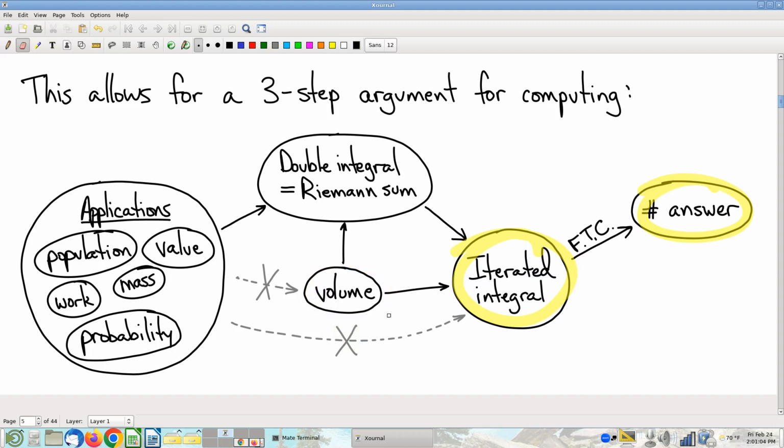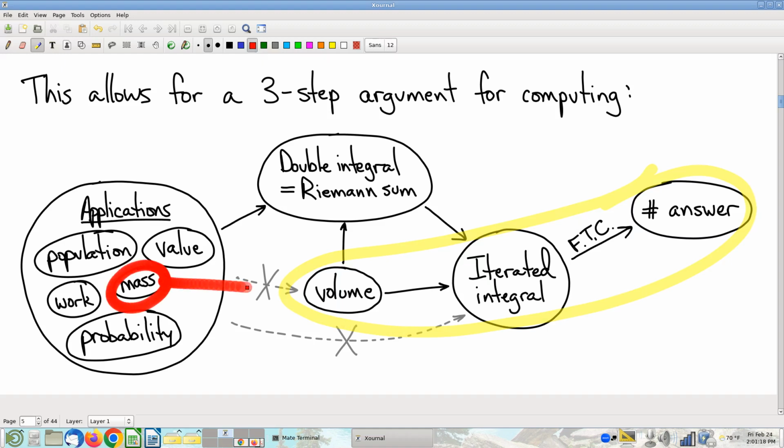And that's nice and all. I mean, this is cool, I suppose. But we also found that this is a very limited thing, because if you try to make a connection, we talked about the details of this, if you try to say, I want to compute mass, I'm going to view mass as being a volume, but it's not. So you can't really do that.